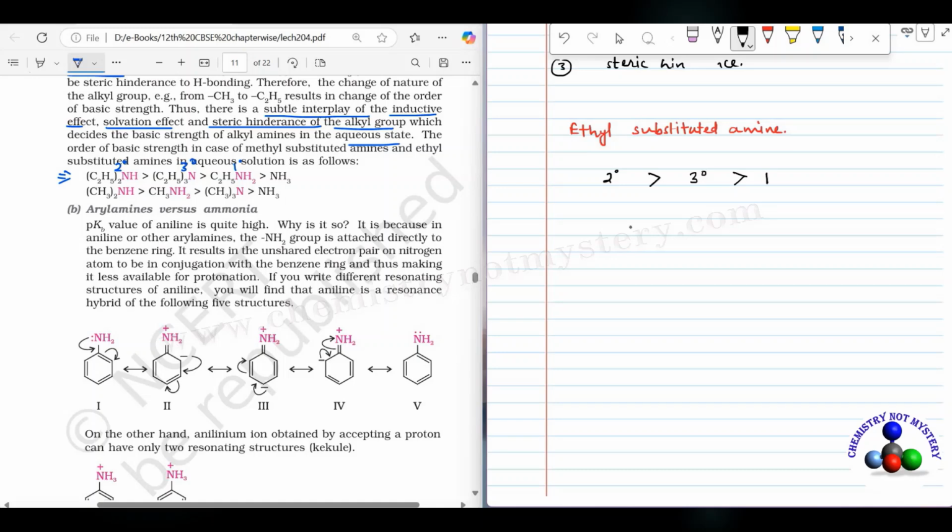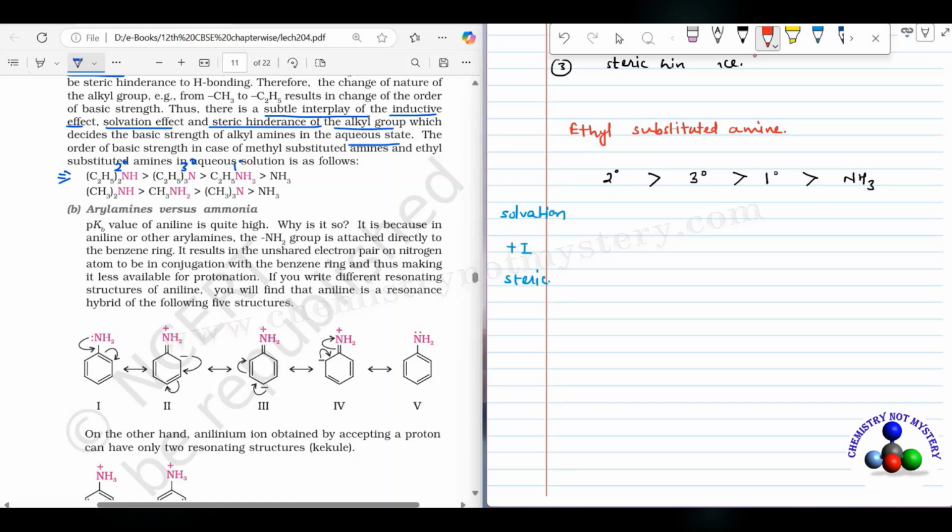Tertiary amine is more basic than primary amine, and this is ammonia. Now let's discuss all these amines with respect to stabilization by solvation, then the inductive effect, the plus I effect, which increases the electron density over nitrogen and hence increases the basic strength. And the third factor is the steric factor. Now let's examine each of them with respect to these points.